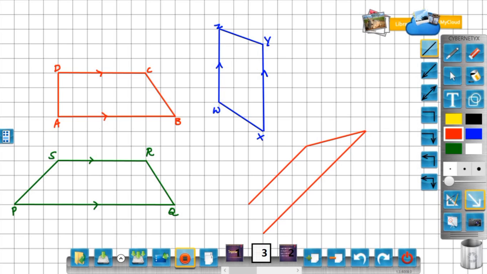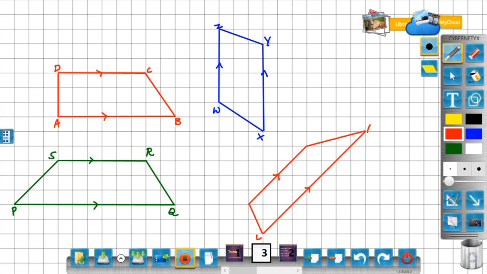Now join the vertices. Now you got a trapezium. Name the trapezium. Mark the parallel sides. LMNO is a trapezium. LM parallel to NO. LO and NM are non-parallel sides.